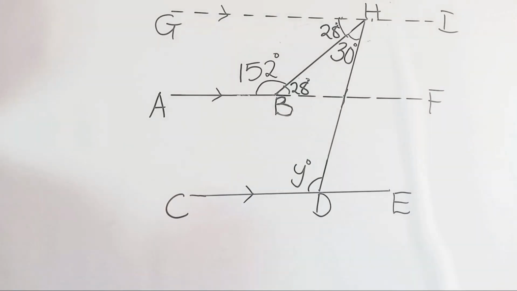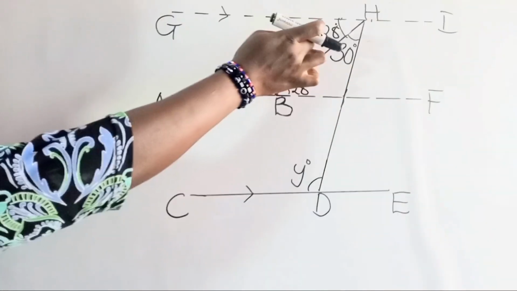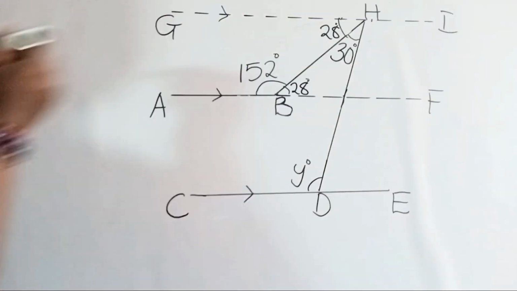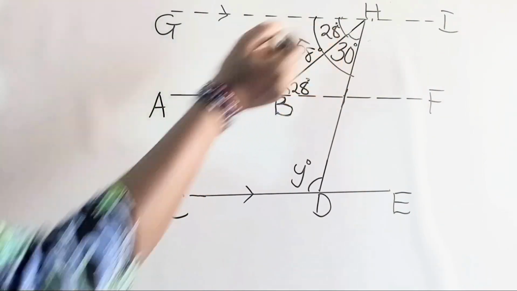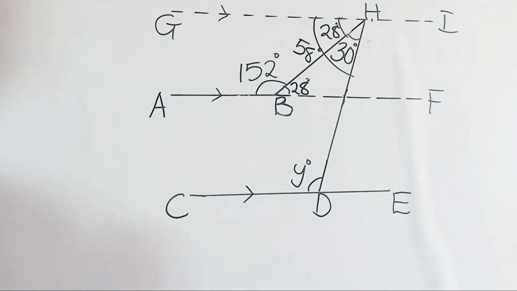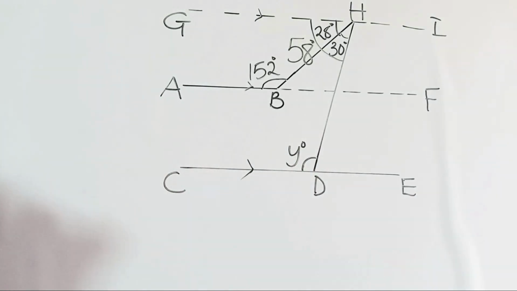Now, we know the total angle here, right? We sum up 28 plus 30, and that would give us 58 degrees. So we are now very close to finding our value for y. To find y, I'm going to solve it in two ways.